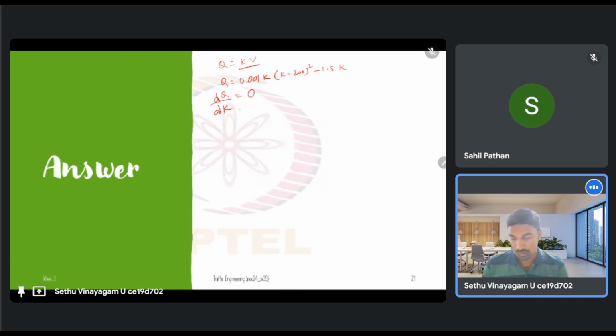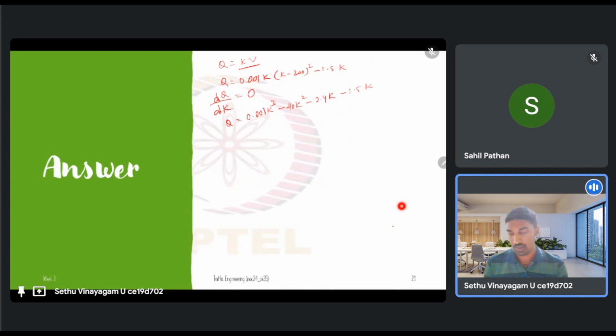So q is 0.001 k. You have to expand this: k cubed minus 400 k squared plus 40,000 k minus 0.4 k minus 1.5 k, right?